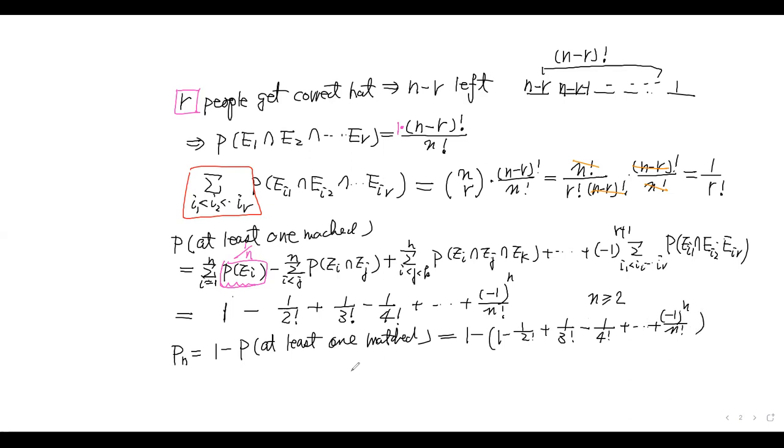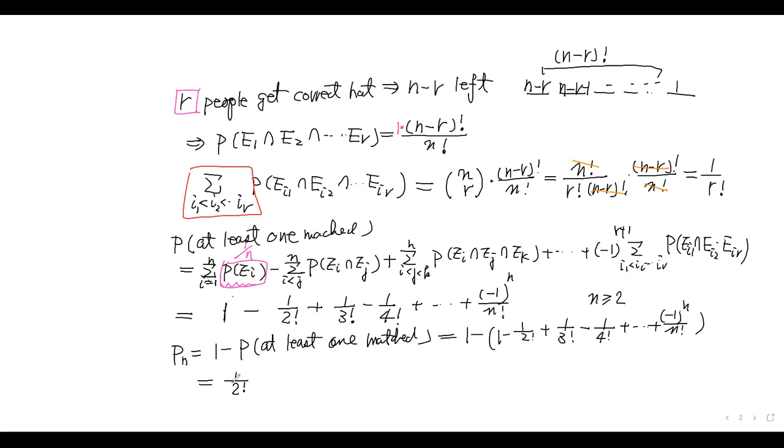Okay, so now you will get the 1 and the 1 cancel. So what you have here is 1 over 2 factorial, right?